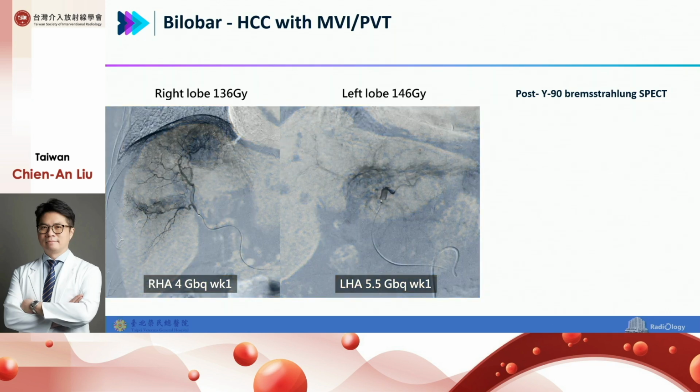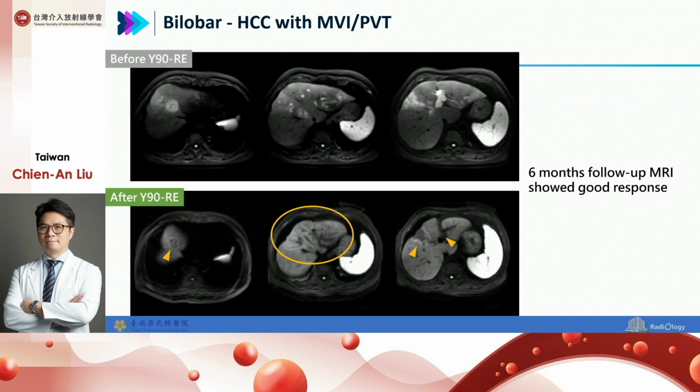This is the treatment outcome. The 6 months follow-up MRI showed good response with reduction of the restricted diffusion signals. However, the patient expired due to infection complicated with hepatorenal syndrome after 7 months.